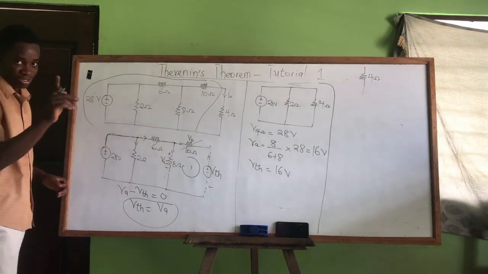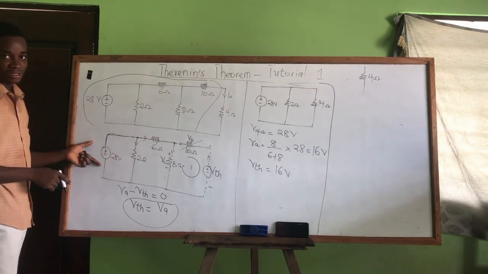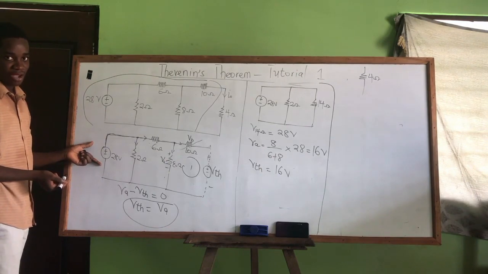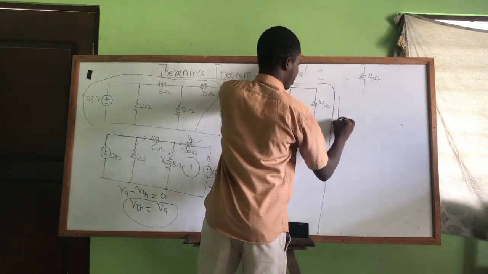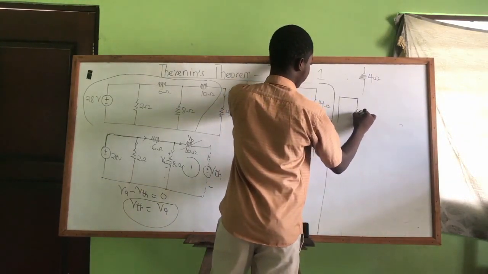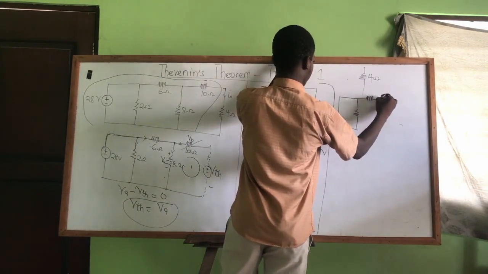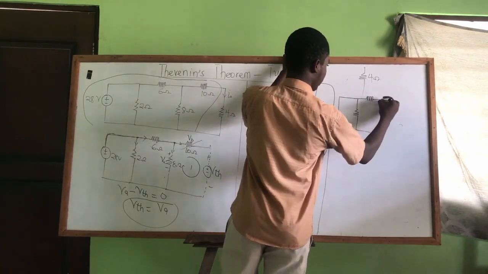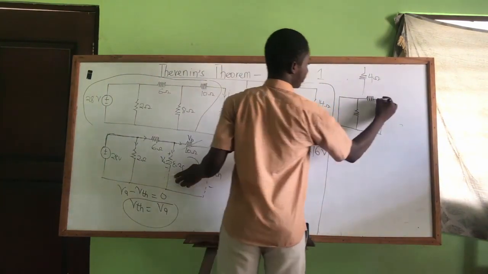Now I have a single source, so it means I have to turn it off. And if I'm turning off a voltage source, what do I have to represent it by? A short circuit. So that portion becomes short circuited. I have my resistors there. This is my 2. This is 6. This is my 8. This is my 10.